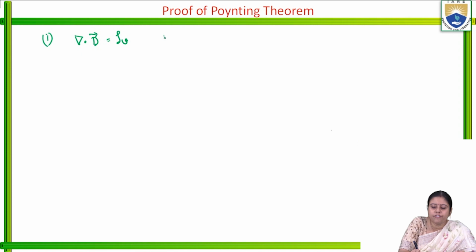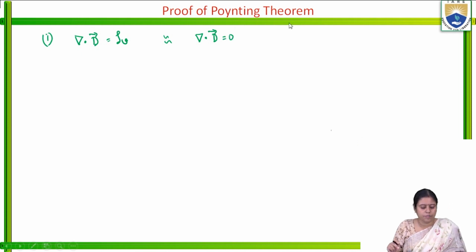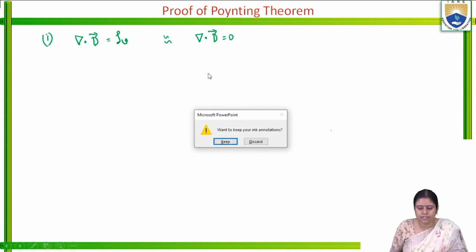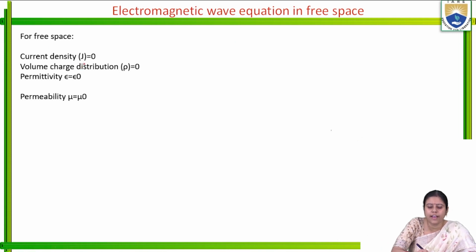So the modified Gauss law for free space can be written as grad dot D equals 0. For free space we can write the current density J is equal to 0. J equal to 0 means volume charge distribution rho V is also 0.